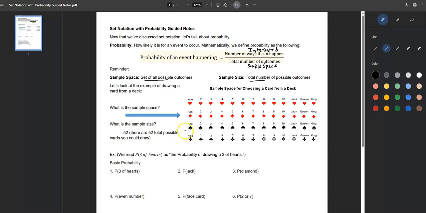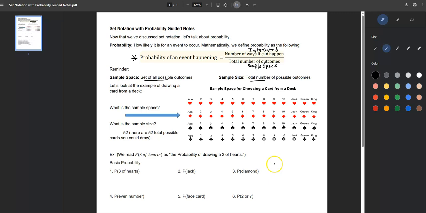So I should be able to answer questions with this idea of the probability of an event being what I'm interested in divided by the sample space. Let's talk a little bit about notation first. We're going to get an example like this. We read P of 3 of hearts as the probability of drawing a 3 of hearts if I'm drawing one card.